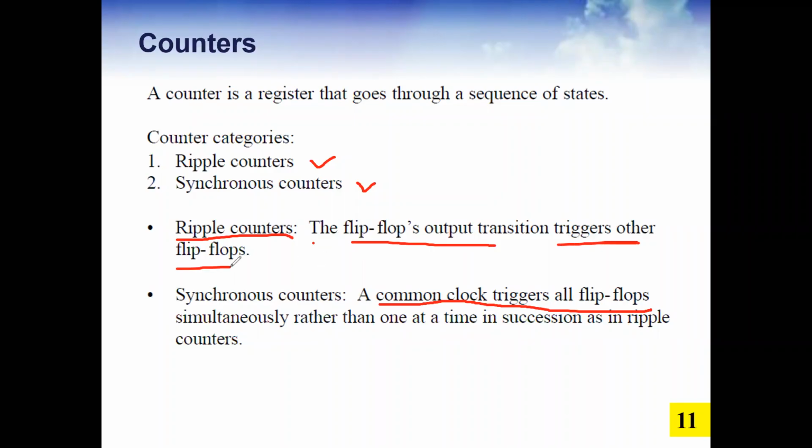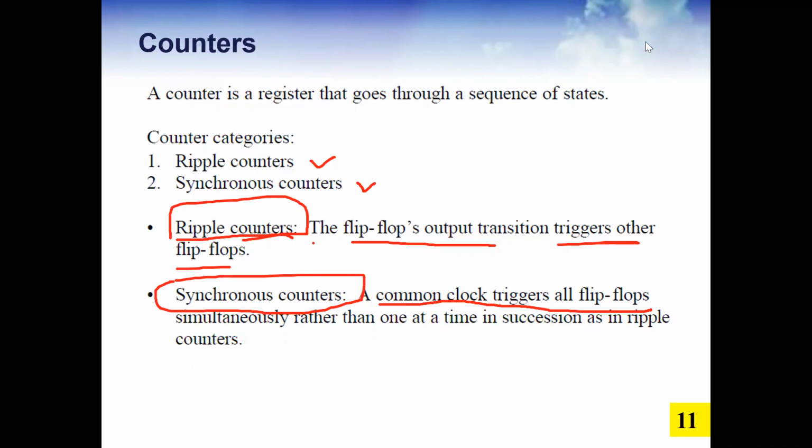The output of one flip flop is going to serve as a trigger for the next state. That is what a ripple counter is. But in synchronous counters, we will have a common clock, so one clock will be triggering all flip flops. We will discuss one by one, first the ripple counter and then the synchronous counters.